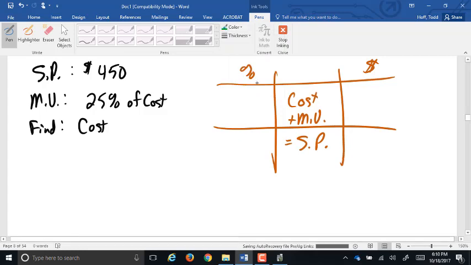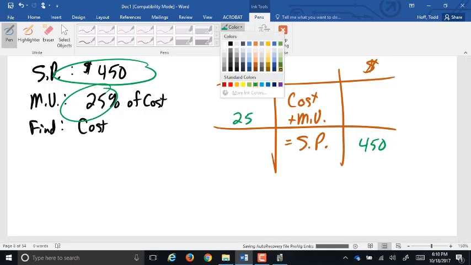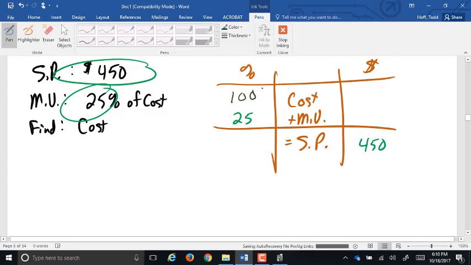Okay, so 450 goes selling price. 25% markup. 100 on the cost.